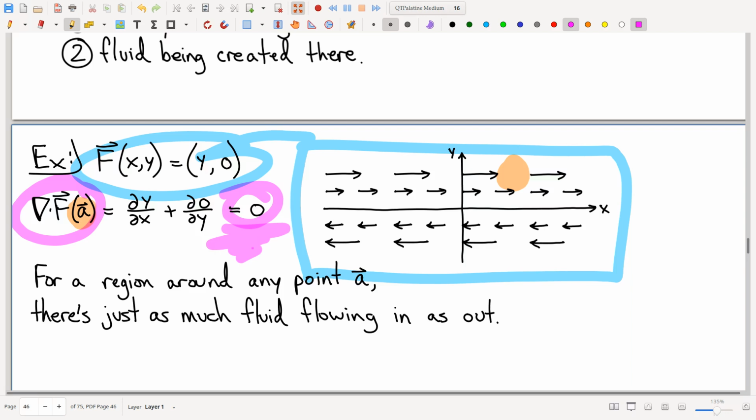And I think that tracks with this picture. It's kind of canceling, if you will. There's a negative outward flow on the left side, positive outward flow on the right side, and apparently they cancel.